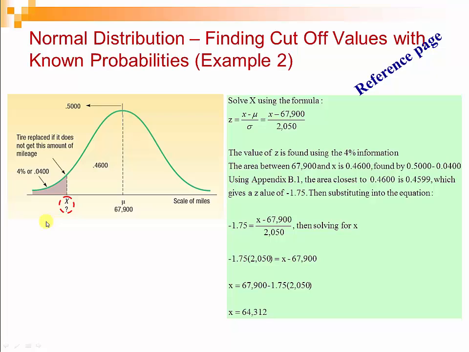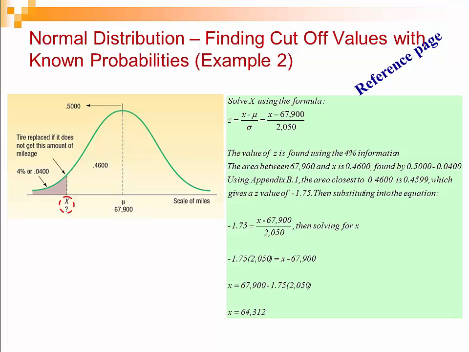If we look at our appendix B1, the area closest to 0.460 is 0.4599, which is good enough for this example. And that gives us a Z value of negative 1.75.